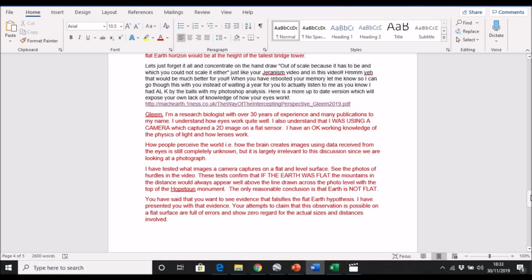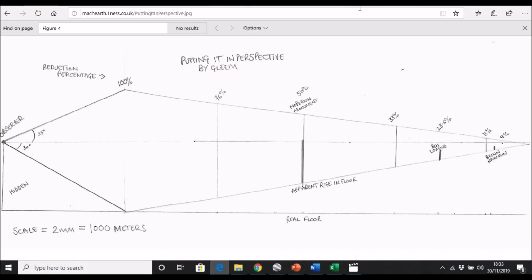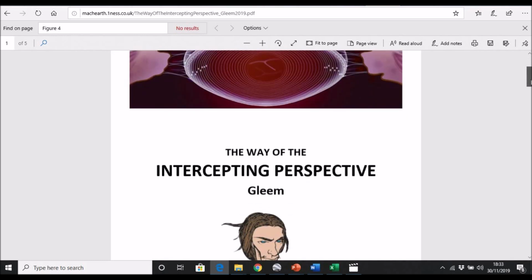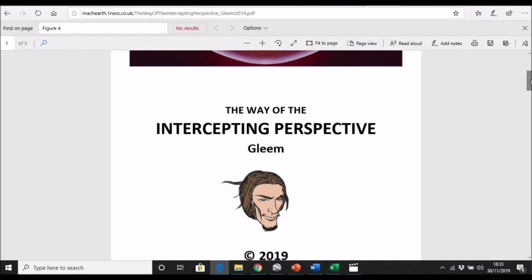So in conclusion, Gleem, I'll show you this PDF before I read that last little bit. Here we go. This is a PDF by Gleem, The Way of Intercepting Perspective.